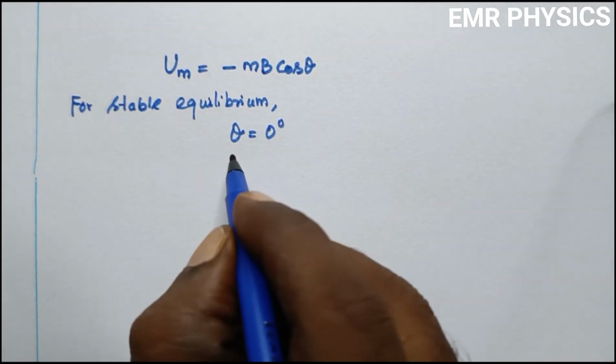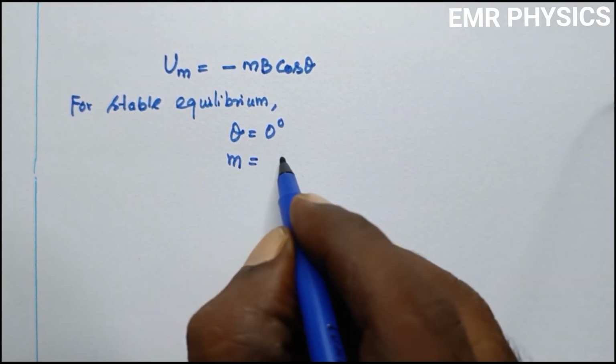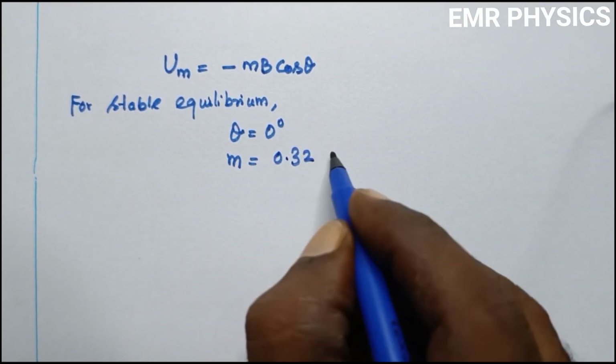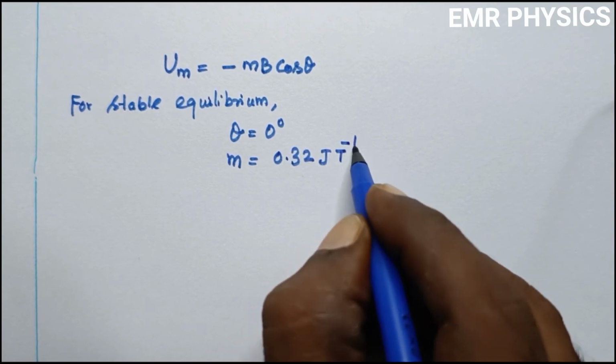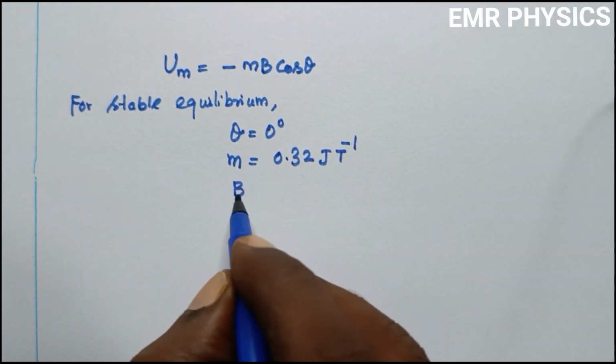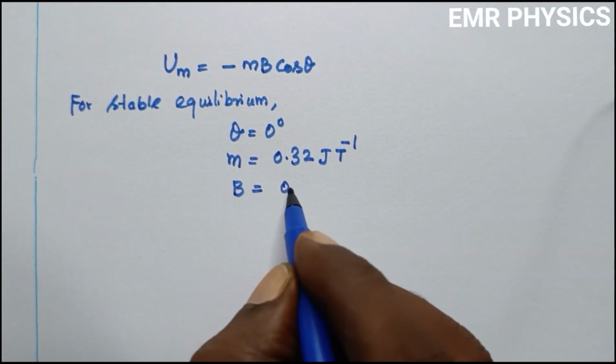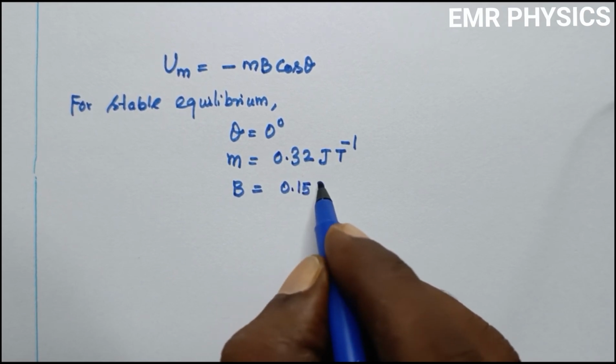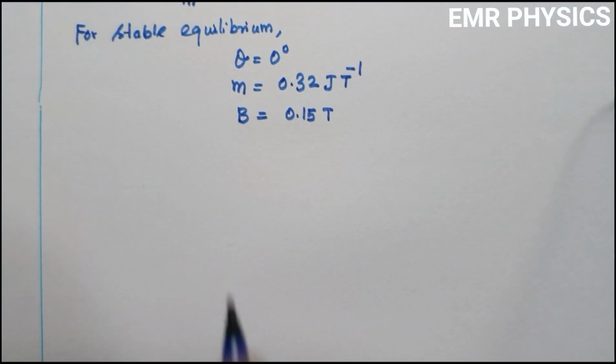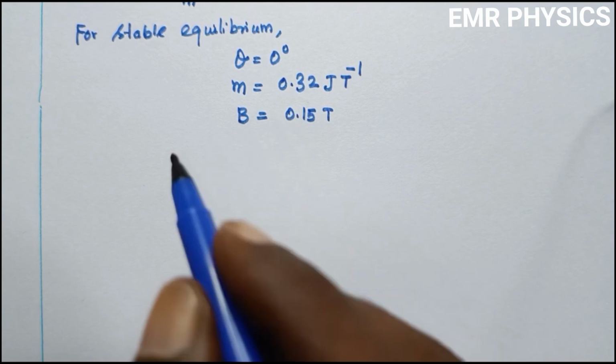M and B are given. Magnetic moment M is equal to 0.32 Joule per Tesla. Magnetic field B is also given in the problem, which is equal to 0.15 Tesla. Therefore, we can find the potential energy for the stable configuration.